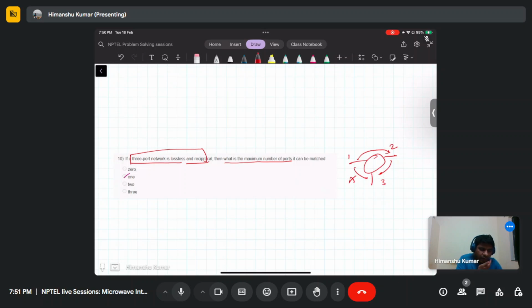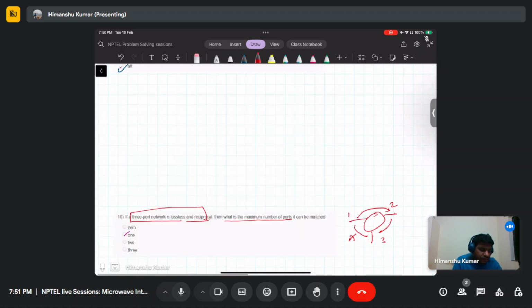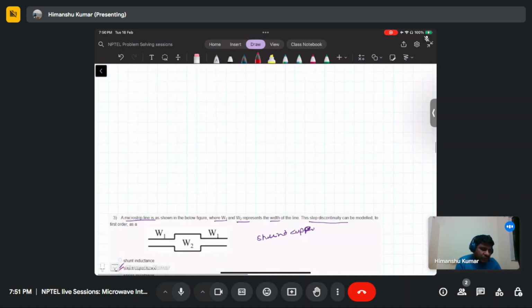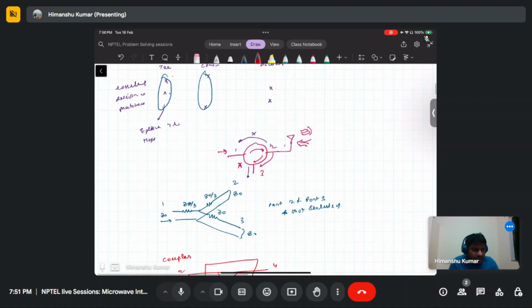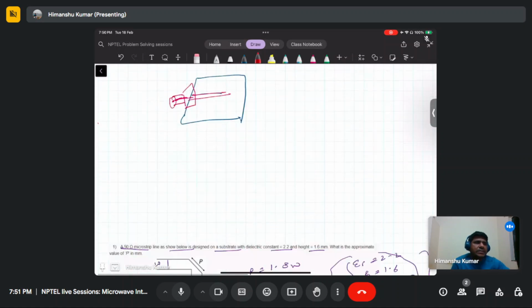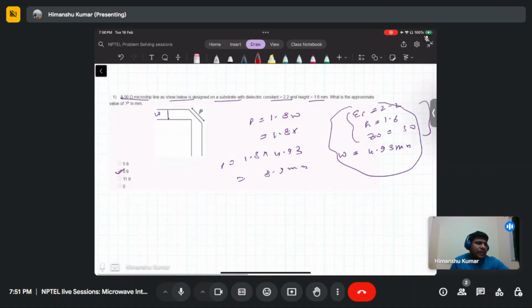You can also see this from the S matrix of a lossless and reciprocal network. With that, you can match only one port of a three-port network.